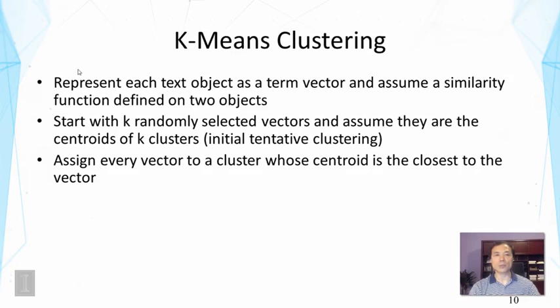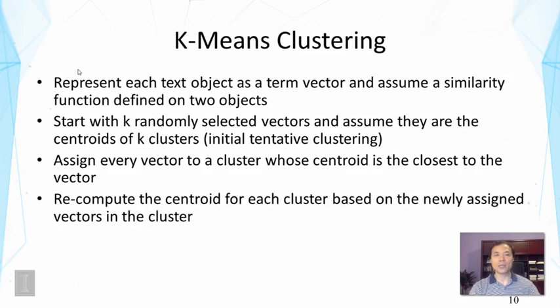Now this is to have tentative assignment of objects into clusters, and we're going to partition all the objects into k clusters based on our tentative clustering and centroids. And then we're going to recompute the centroid based on the allocated objects in each cluster. And this is to adjust the centroid.